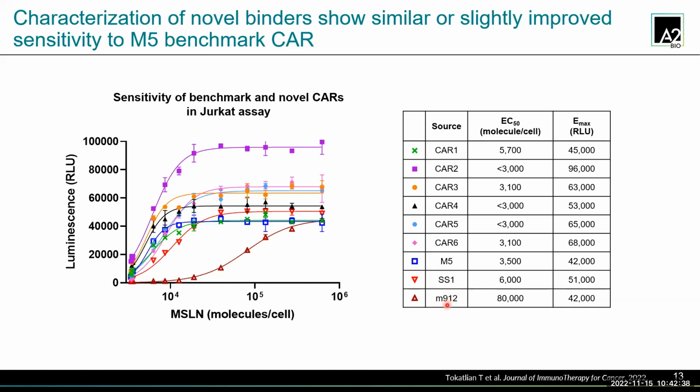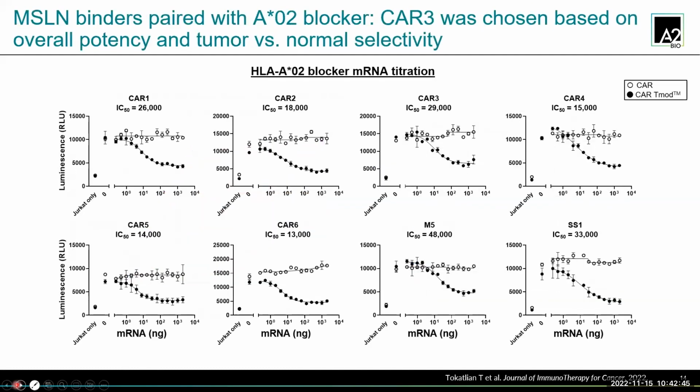We next wanted to understand the quantitative features of mesothelin TMOD. So in this case, we similarly transfected Jurkat cells with either the CAR or CAR plus the blocker. They were 2 separate plasmids used to transfect Jurkat cells. And we co-cultured them with HeLa targets, which express endogenous mesothelin, with titrated levels of HLA-A2 antigen, again using A2 mRNA for transfection.